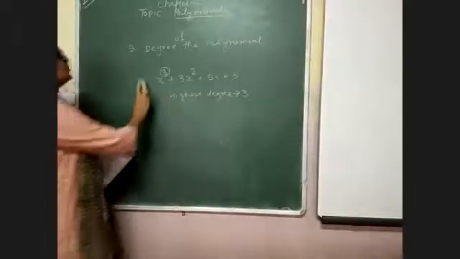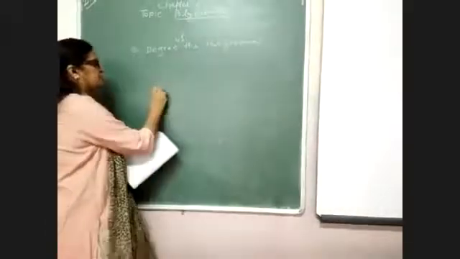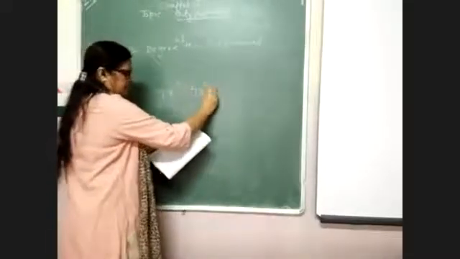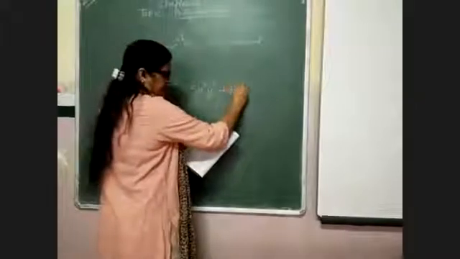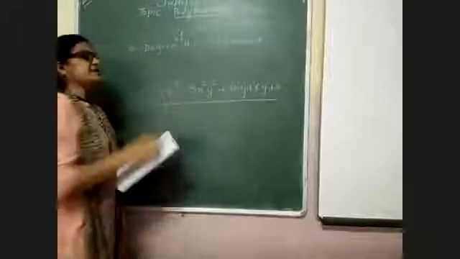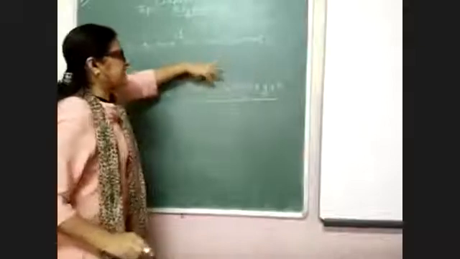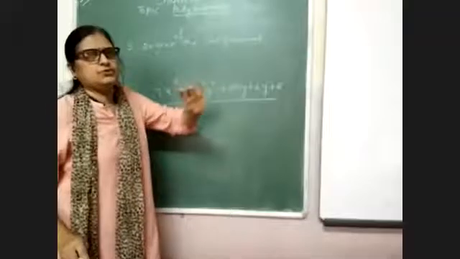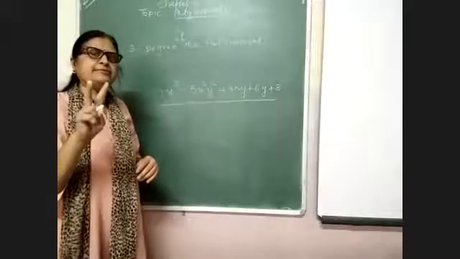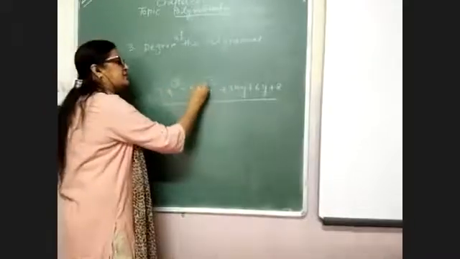Now, when two or more variables are used, how will you find the degree? Here in this polynomial, two variables are used, x and y. Then you see here the degree is 3 and two variables are used.